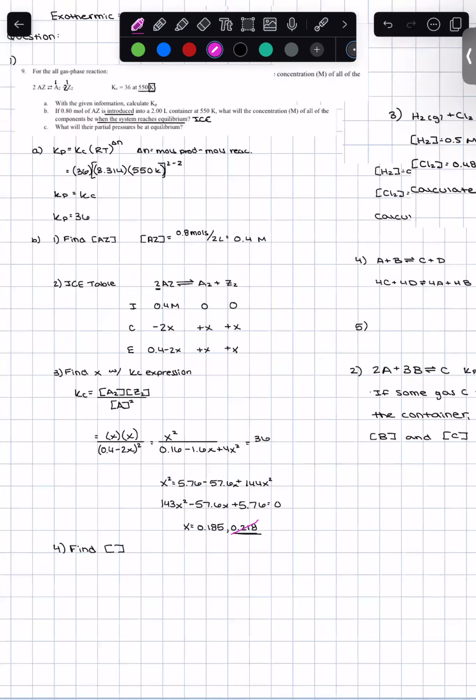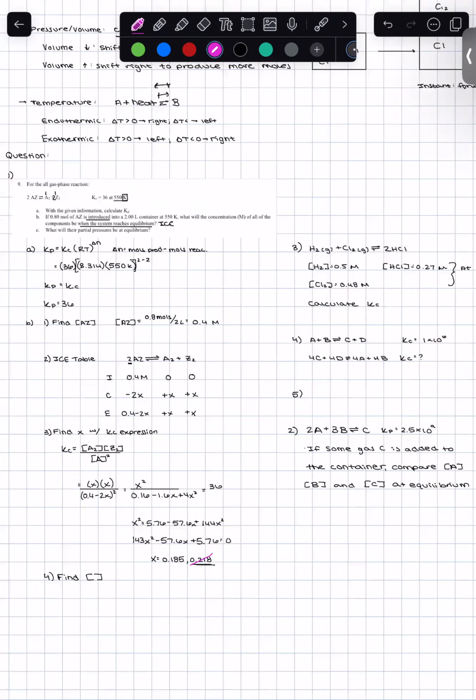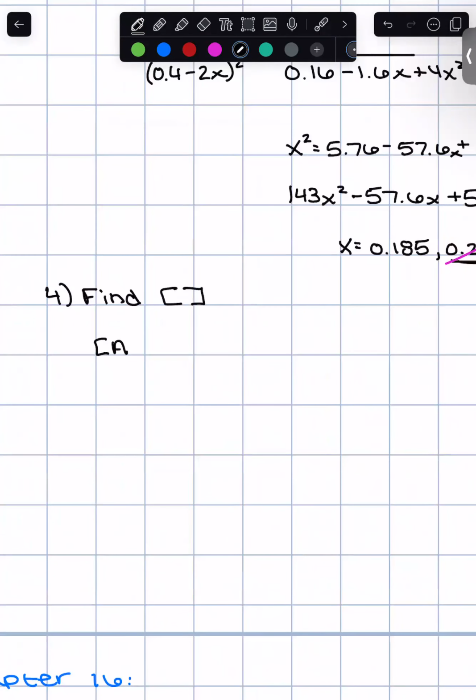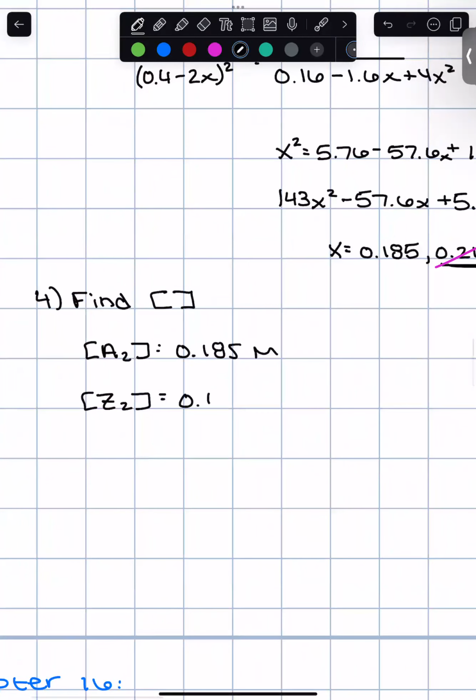Cool. So this question was asking for just all the components. So the concentration of A2 is just equal to x. So it's equal to 0.185 molar. The concentration of Z2 is equal to 0.185 molar, just because that's also equal to x.